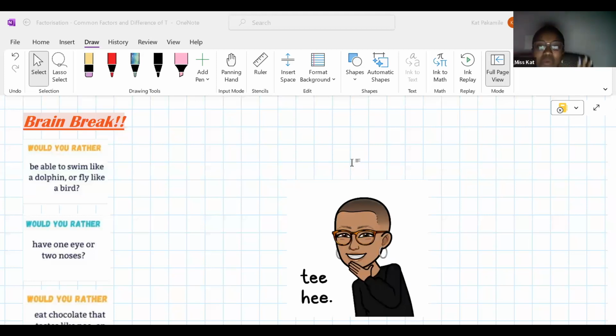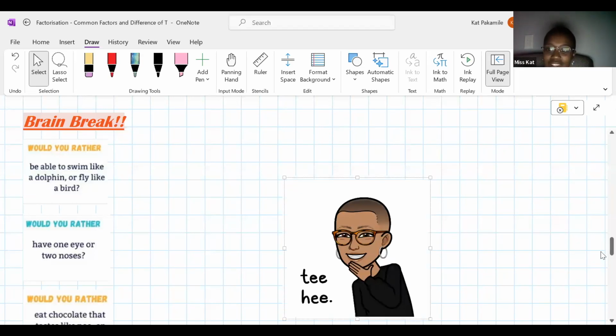Oh, so you want one giant nose? It's better than having one eye. No, guys. So you're going to have four nostrils next to each other. No way. Guys, that would look so weird. I can't.